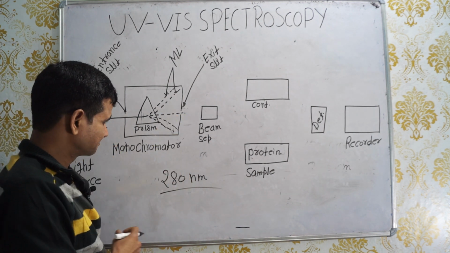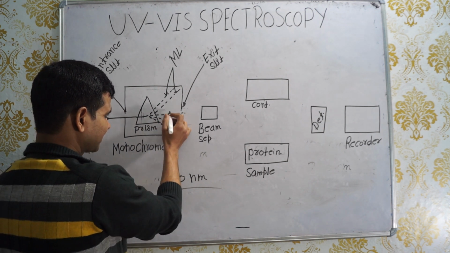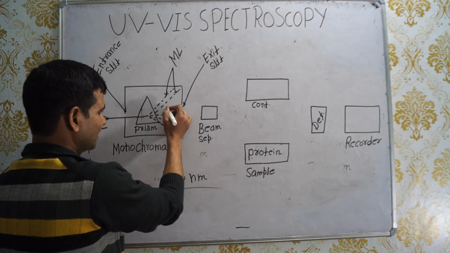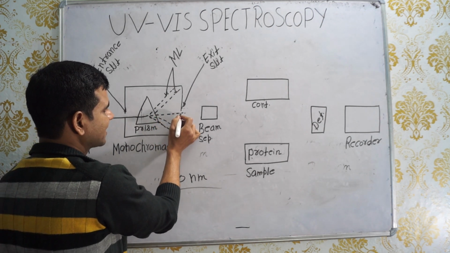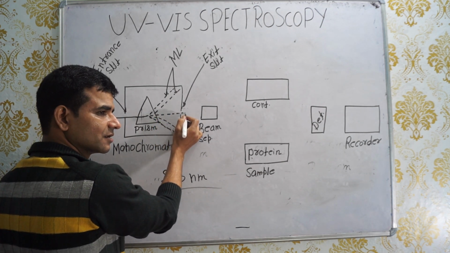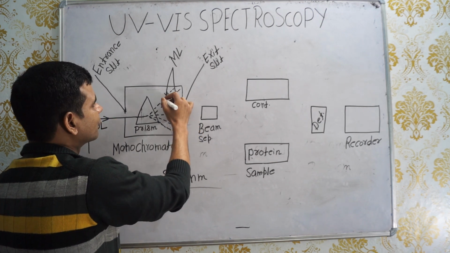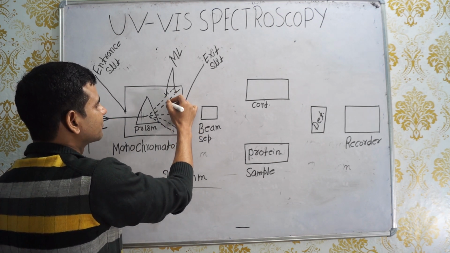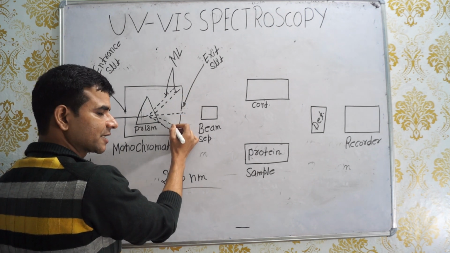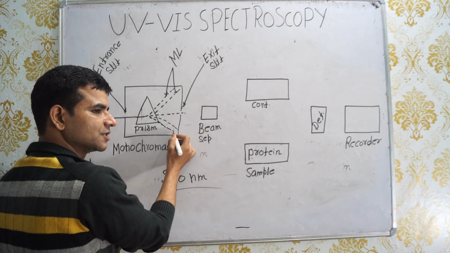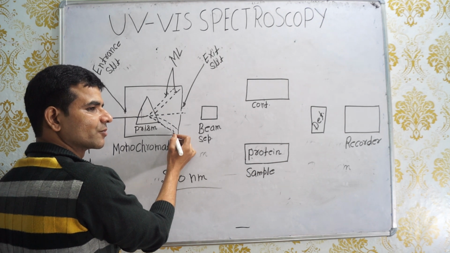And here we are supposing that the wavelength of this monochromatic light is 280 nanometer, but the wavelength of this other monochromatic light is not 280 nanometer.